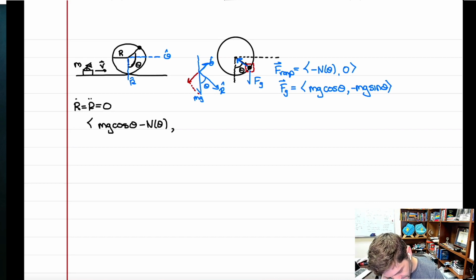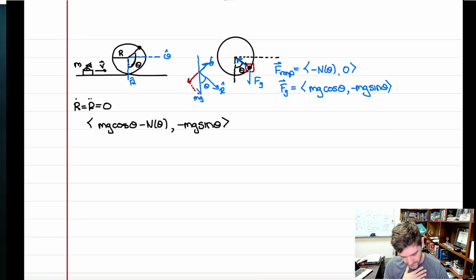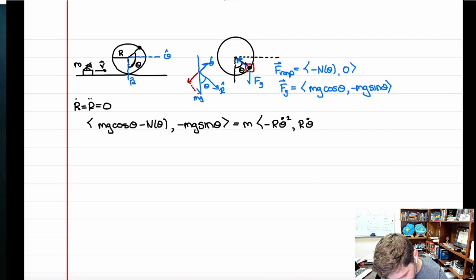And then the azimuthal part, the tangent part rather, negative mg sine theta, then there's nothing for the ramp. Then that equals the mass of the cart times, r double dot goes away, so this looks like negative r theta dot squared, and then r theta double dot, and then the 2 r dot theta dot term vanishes.